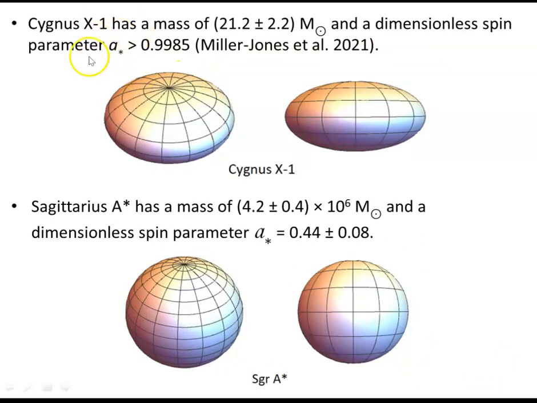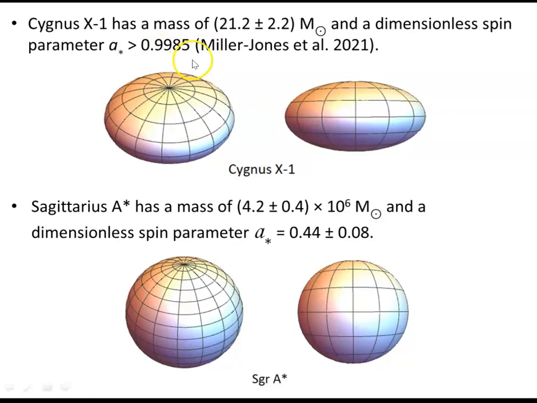All right, Cygnus X-1 has a mass of 21.2 solar masses and a dimensionless spin parameter of greater than 0.9985. That's Miller-Jones and others, 2021, if you look up that paper. And you can see the flattening is noticeable. The stationary limit surface here shows a phenomenal amount of flattening, because that's a really extreme case.